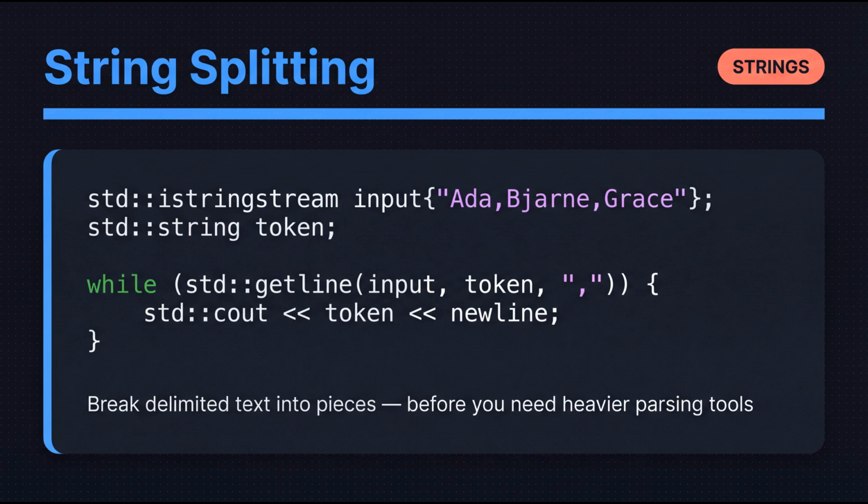Each iteration extracts text up to the next comma. The output: Ada, Bianca, Grace, each on its own line. This pattern works for CSV fields, configuration values, or any text separated by a known delimiter. It's simpler than writing your own split function, and it handles edge cases well.